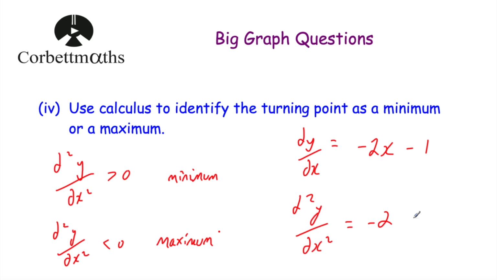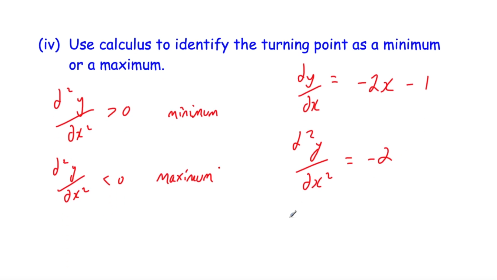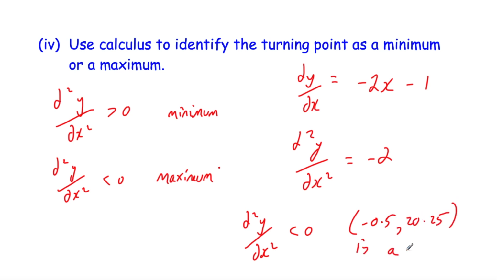We don't even need to substitute in the x coordinate this time. It's just minus 2. So because d2y over dx squared is less than 0, it's negative, that means it's a maximum turning point. So that means that, what was the coordinate again? Minus 0.5, 20.25 is a maximum.